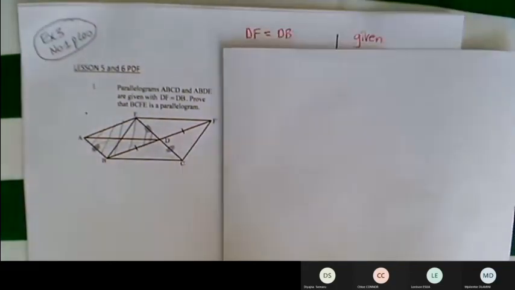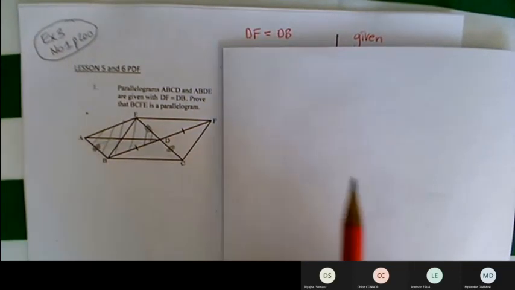Okay, so we'll start writing down. First, we're going to say DF is equal to DB, given. We always start off with the given stuff.